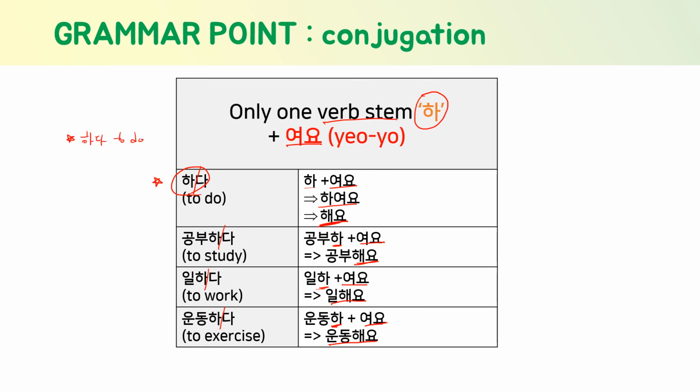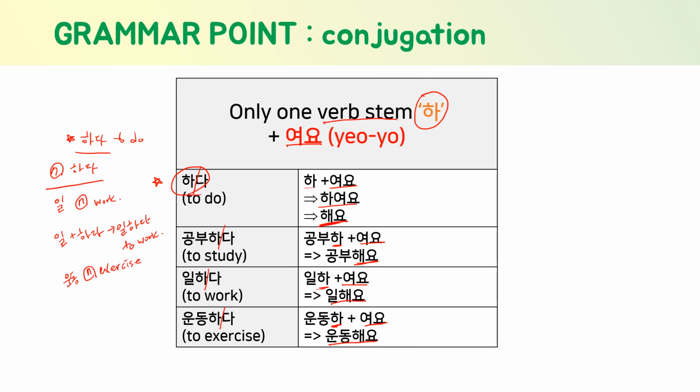This verb 하다, as I mentioned, to do, can be used with a noun. So noun plus 하다 becomes a different verb. Like this, 일 can be used as a noun, like work. So 일, noun, plus 하다, becomes 일하다, to work. Or 운동 is a noun, exercise.